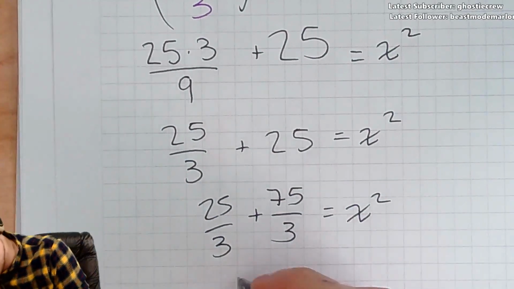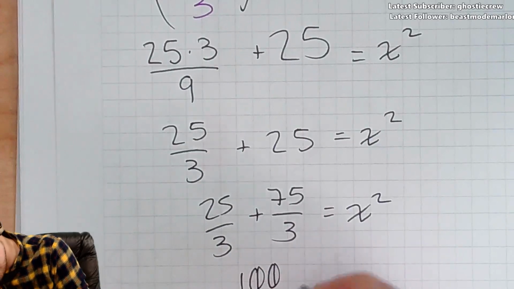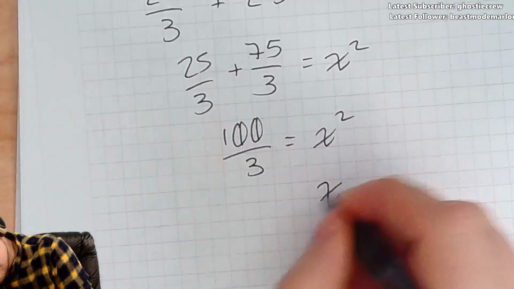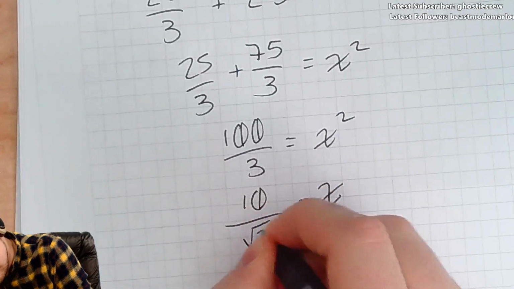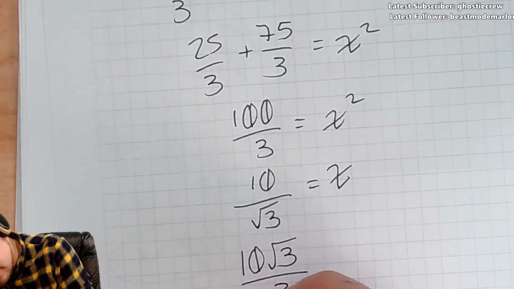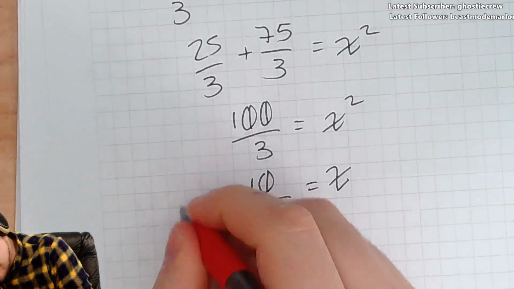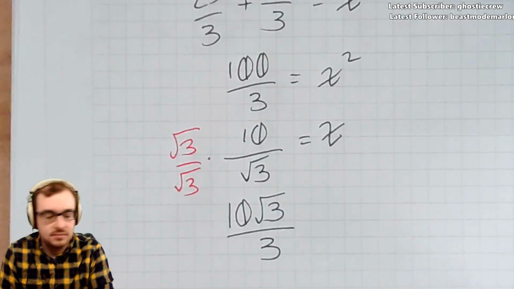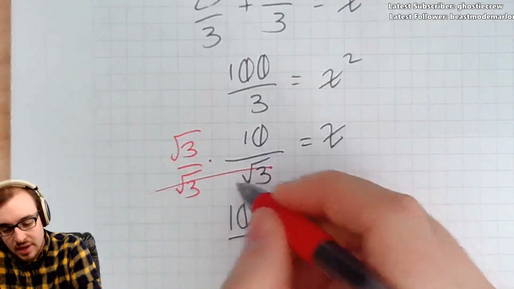Now I got common denominators, and I get 100 thirds. I root both sides, and I get 10 over root 3. And then I simplify, because I multiply this guy by root 3 over root 3. Up to you. That's 10 root 3. That becomes 3.